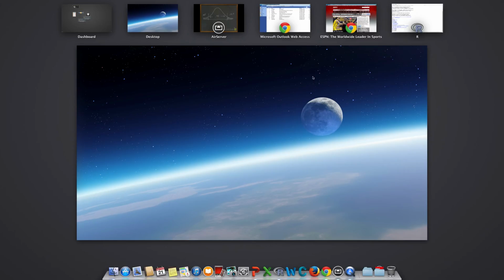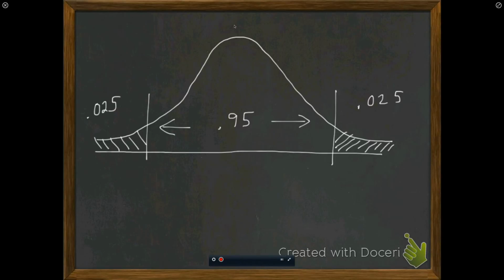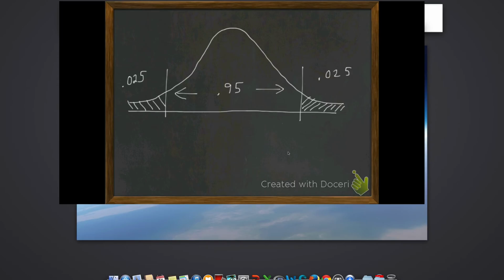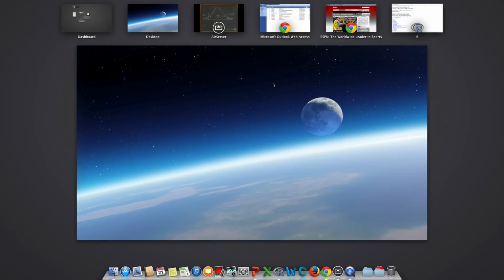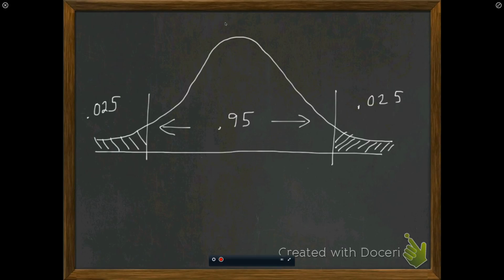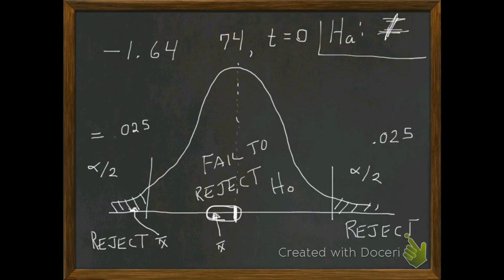So if we go back to our drawing, I should have written this down. Let's just call it 2.62. I think it'll be close enough. And negative 2.62. Now guys, our t was negative what? 1.64?